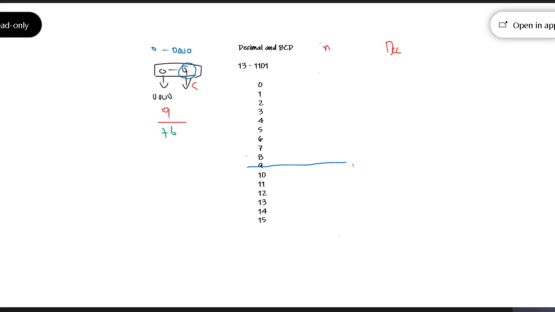So how many extra digits are there after 9 up to 15? 6, right? Correct? Yes, sir. So that is why you add plus 6 after 9 to represent it in the BCD operation.